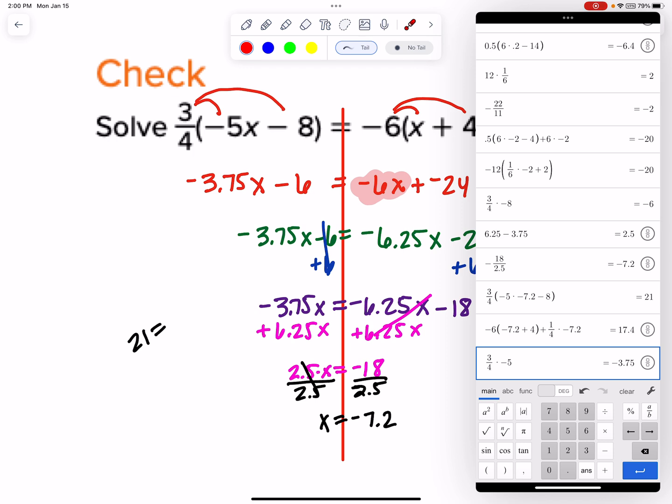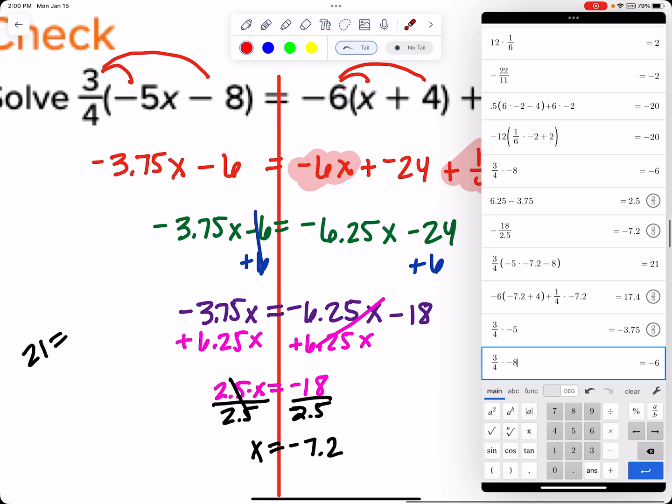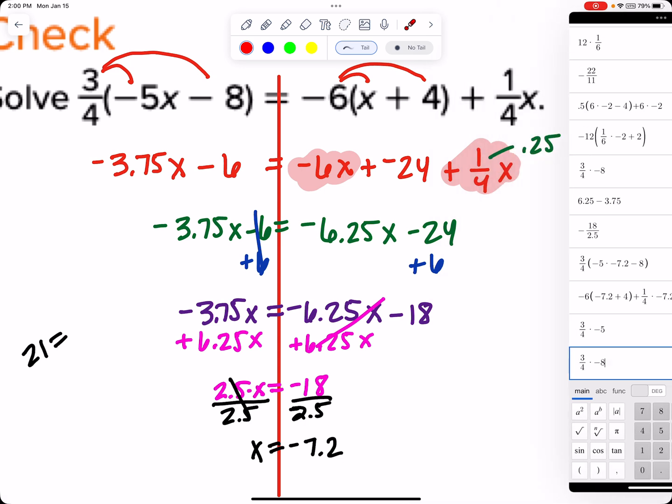So that's good. And then let's check our 3/4 times 8. 3/4, do you see what I did wrong yet or not yet? Times -8 is -6. Okay, so we're good with that line. Okay, so I'm making sure I'm really confident with these pieces up here.